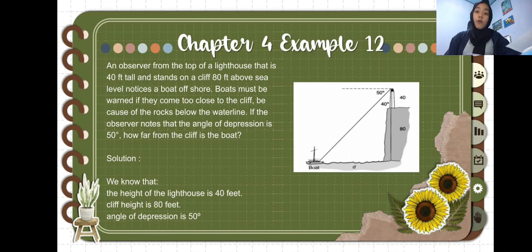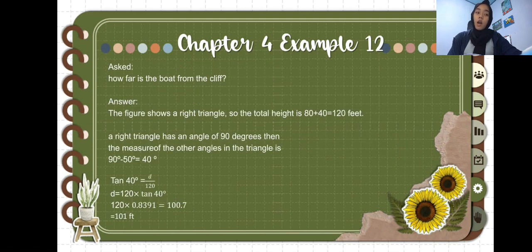Solution: we know that the height of the lighthouse is 40 feet, the cliff height is 80 feet, and the angle of depression is 50 degrees. We are asked how far the boat is from the cliff. The figure shows a right triangle, so the total height is 80 plus 40 equals 120 feet.